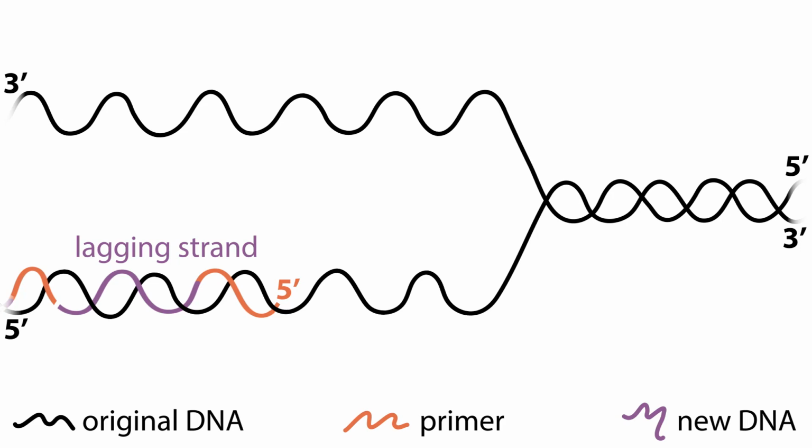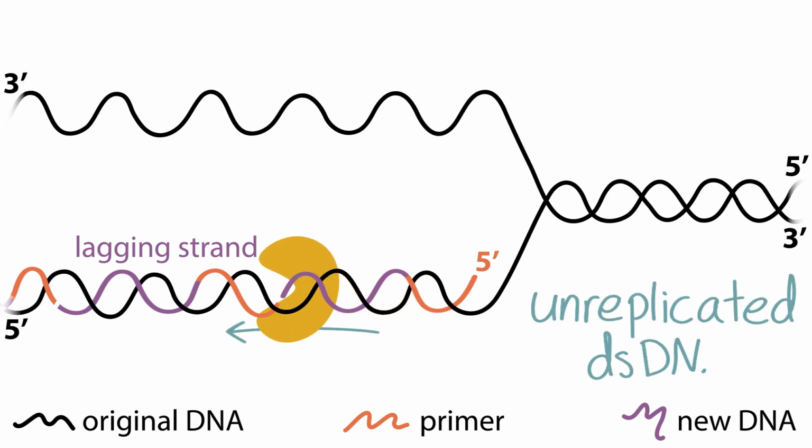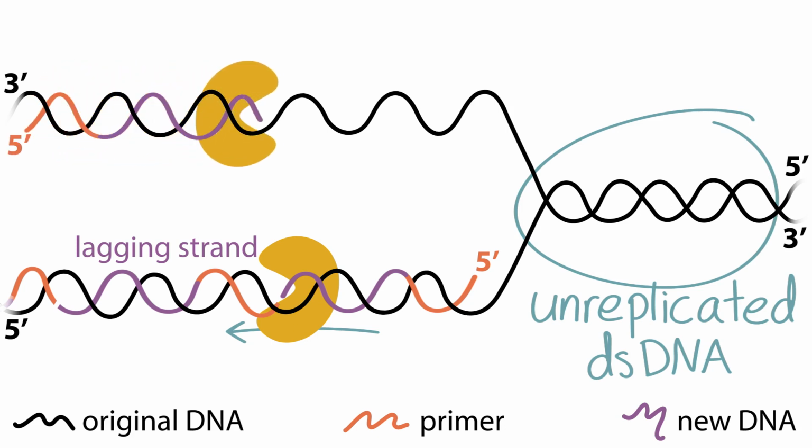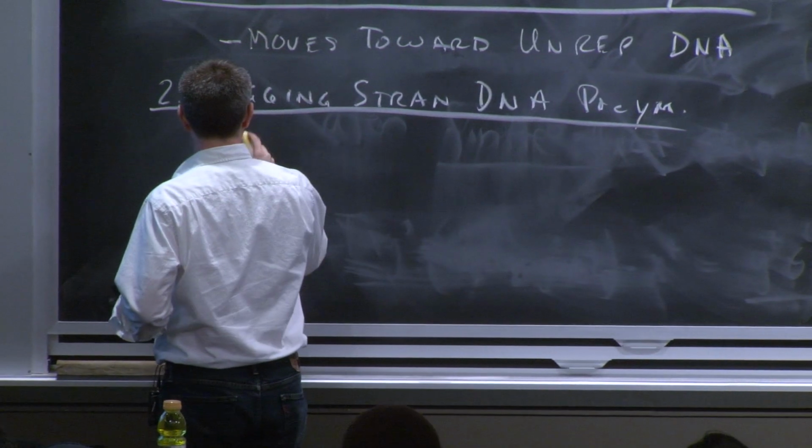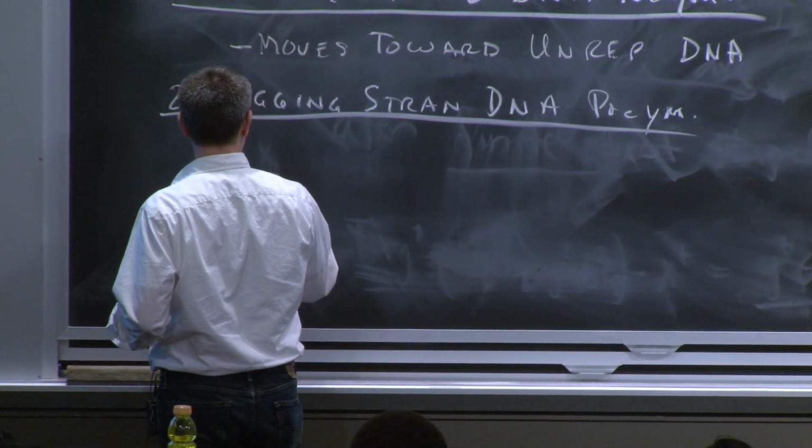Okay, when it extends the 3' end of a primer, it's going to be moving away from the unreplicated double-stranded DNA. Okay? As opposed to here, when you extend the 3' end of this primer here, it's going to move this direction. And because of the anti-parallel nature of DNA, this has to be the case. You cannot have both of them moving towards the unreplicated DNA, however much that might seem nice.